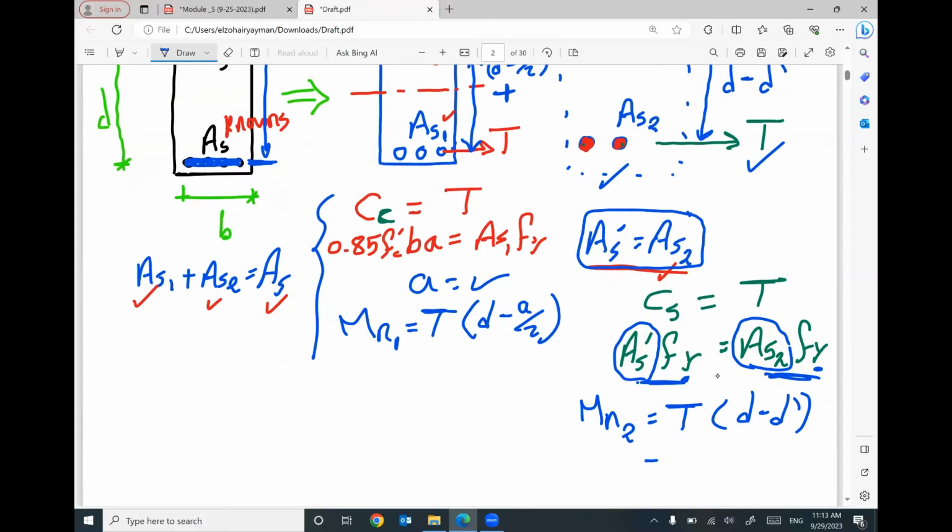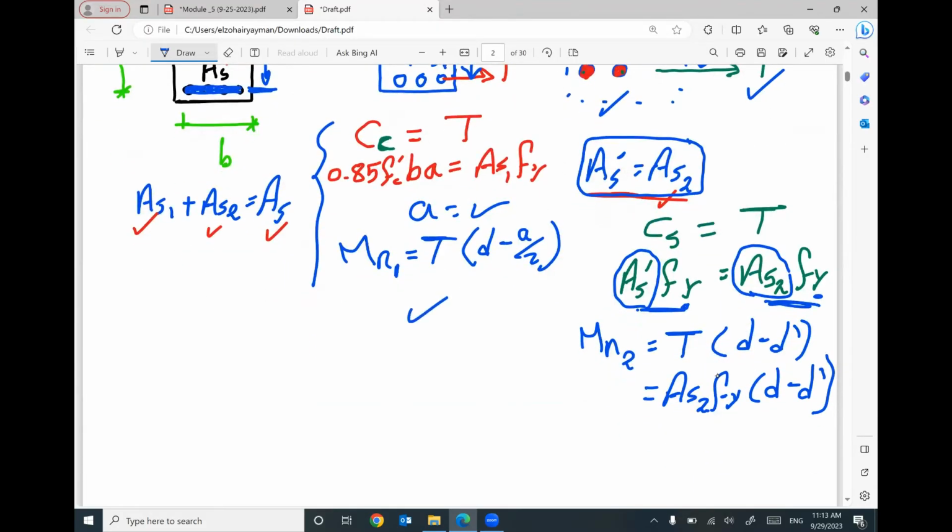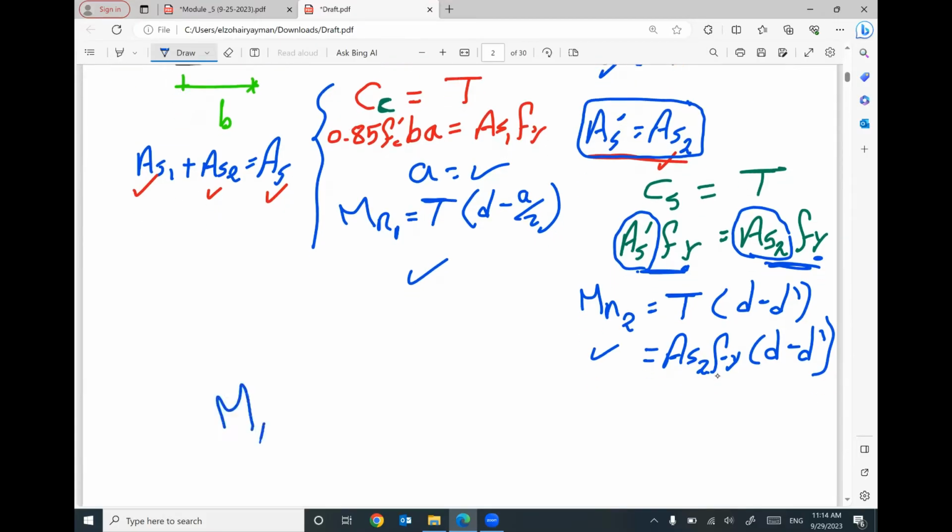Capital T in this case equals area steel part number 2 times fy times d minus d prime. Once you get the nominal moment for part number 1 and part number 2, I can say the nominal moment for the whole cross section equals Mn1 plus Mn2.